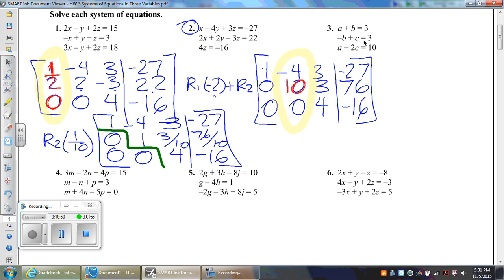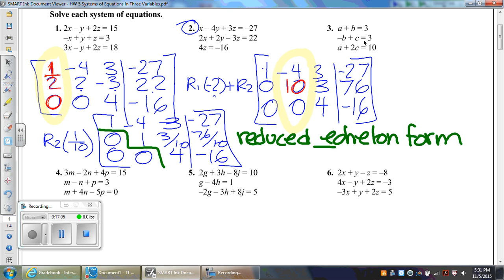And that is why we call this form, or in this case, it's not reduced row, it will just be reduced echelon form. Remember, this word refers to the stair pattern or step pattern that you see there.